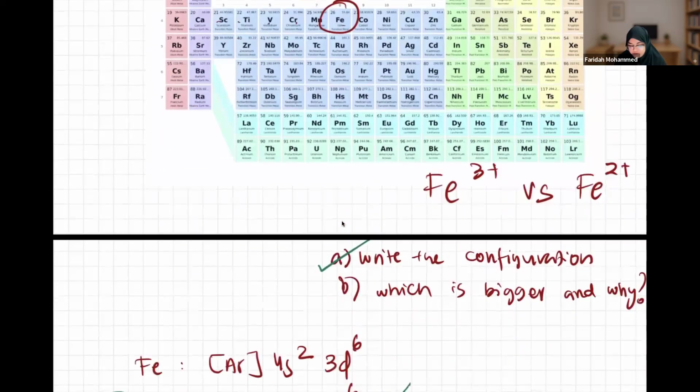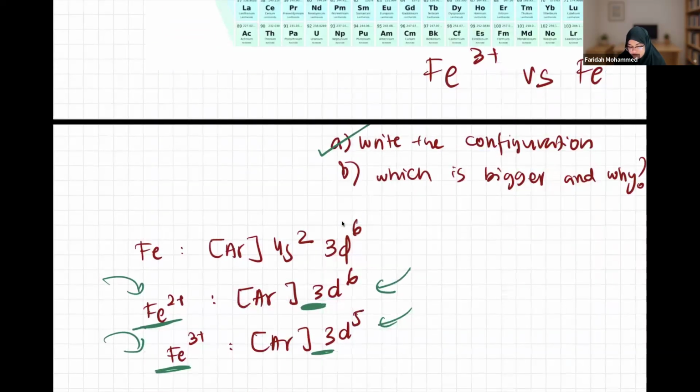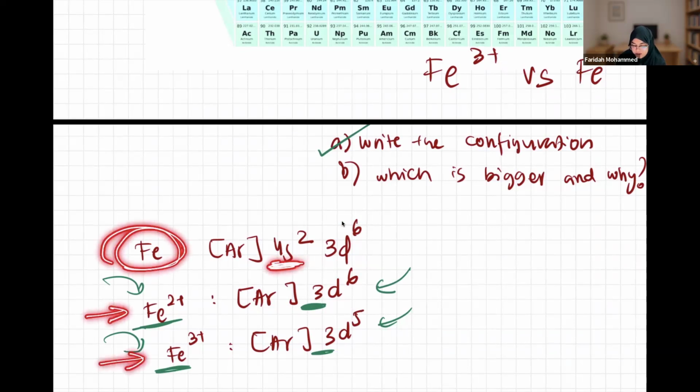When you write down the configuration, you will see how many shells are occupied. For example, iron has 4 shells, while Fe2+ and Fe3+, ferrous and ferric, have only 3 shells.